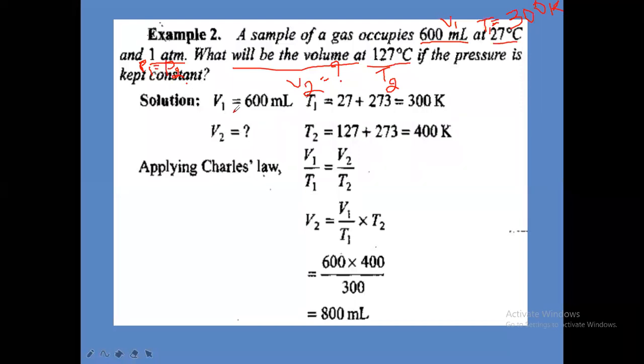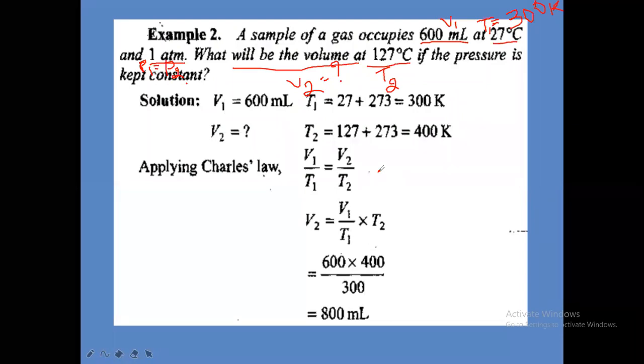So V1 is given, V2 is to be calculated, T1 is given, T2 is given. Now we have to convert the centigrade temperature into Kelvin temperature. So 127 degrees Celsius plus 273 will be equal to 400 Kelvin. Applying Charles law, V1 by T1 is equal to V2 by T2, because V by T is equal to constant.